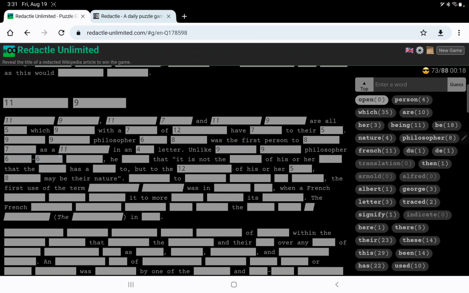Unlike 9, 9 philosopher 6-6, 8, he something that it is not the something of his or her blank that the blank has a right to, but to the blank of his or her blank.